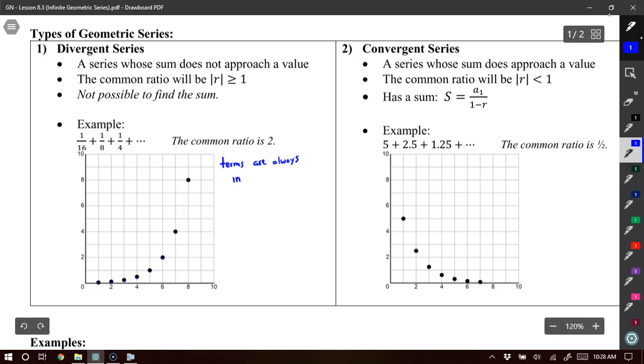They are always increasing. So what does that mean? That means you are adding larger and larger numbers each time.